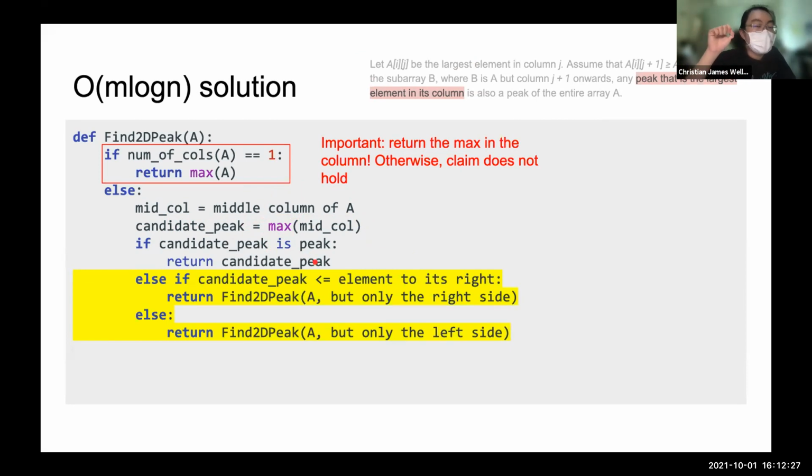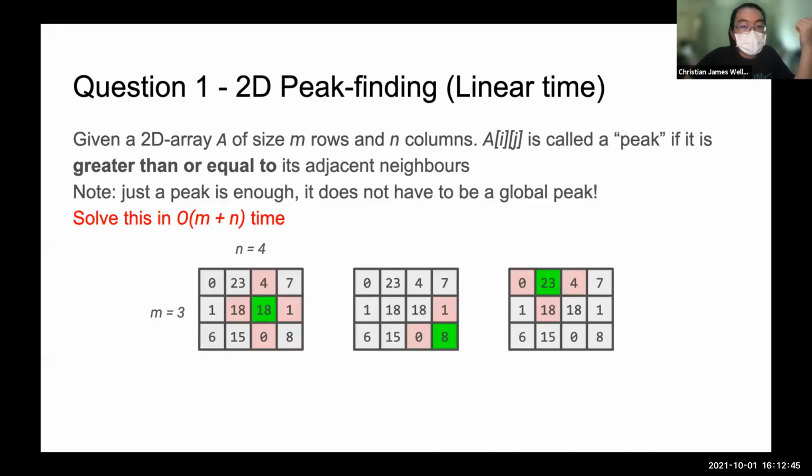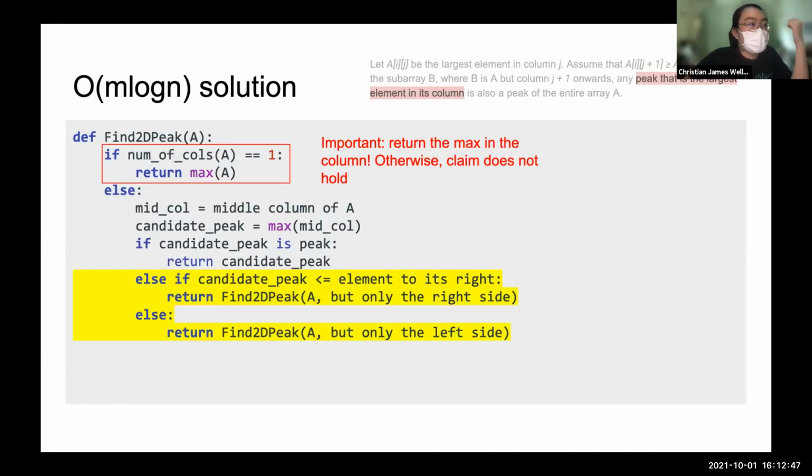Otherwise, there's a neighbor that is larger, either to the left or to the right. So you go to a side that has the larger element, or maybe both, but you go to one of the sides that has a larger element. This is a recap, but any questions about this? Do you need me to re-explain some parts?